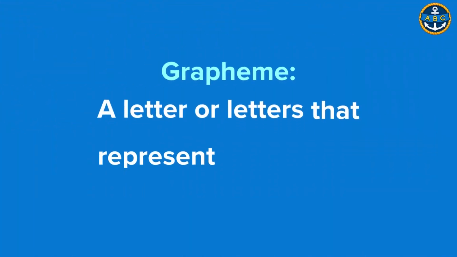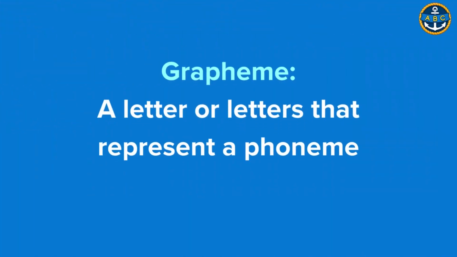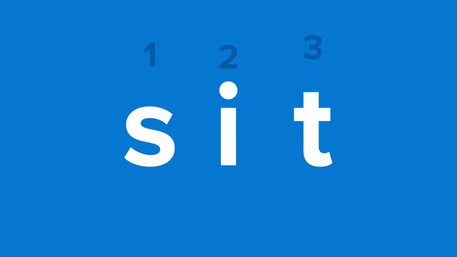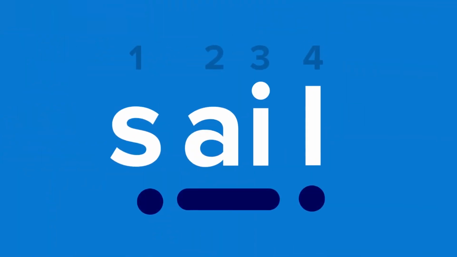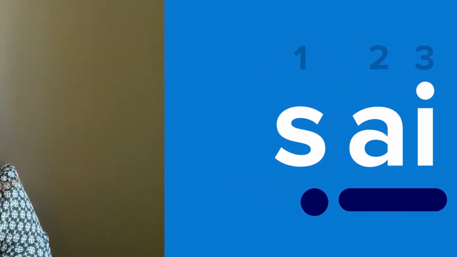Grapheme is the next funny term that you might hear being used, and it's just a techie word for the letter or letters that represent a phoneme. So the word sit has 3 letters and 3 phonemes, s, i, t. So each letter is a grapheme. But sail has 4 letters, but only 3 phonemes, s, a, l.